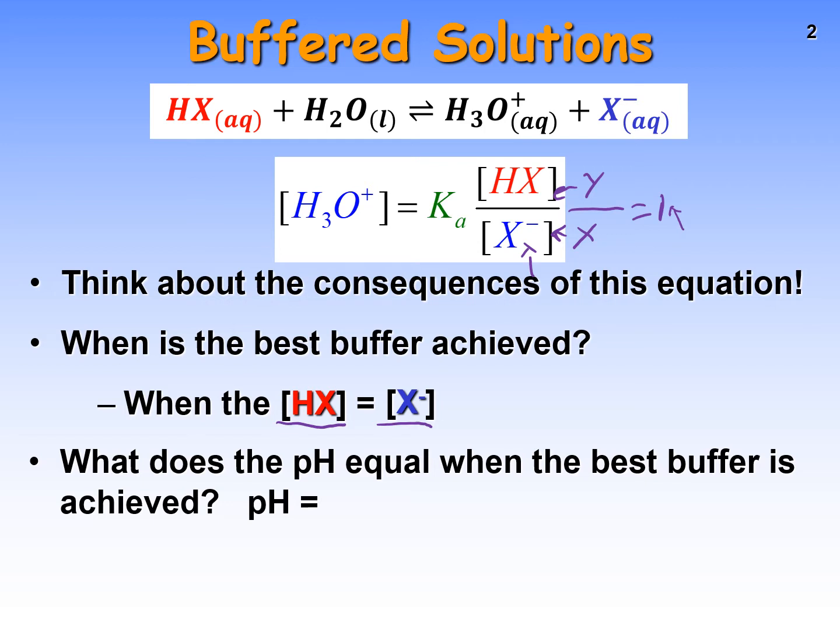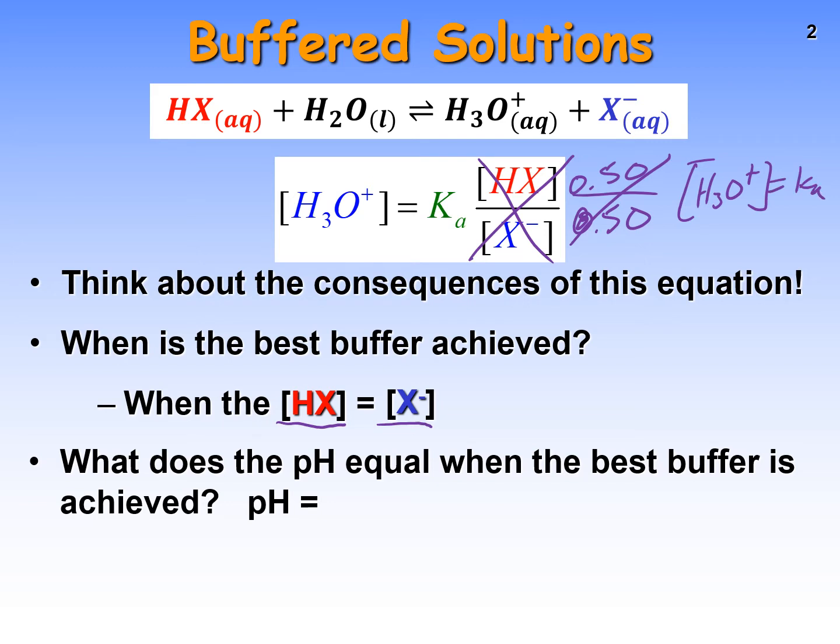So if we have HX and X minus equal to each other, whatever they are, let's say it's 0.5 molar over 0.5 molar like we used in the last video, well, this cancels. These cancel out, and we get H3O+ concentration equal to Ka. Well, how do we get pH from that? We take the negative log of both sides.